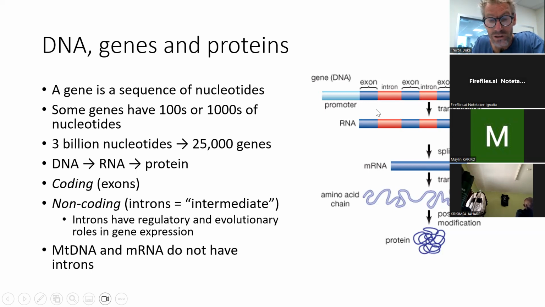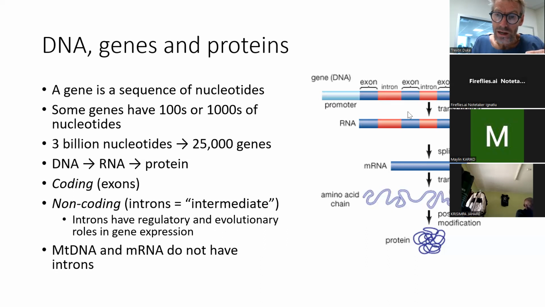DNA is transcribed to RNA, and that has both exons, that is the coding regions of the genes, and introns, which I would consider the intermediate regions. And the introns have regulatory roles in gene expression. So they can turn genes on or turn genes off.